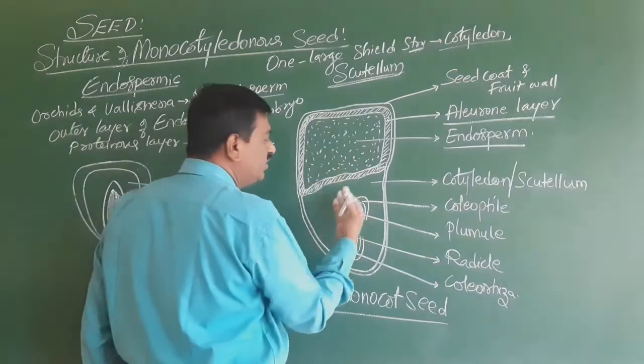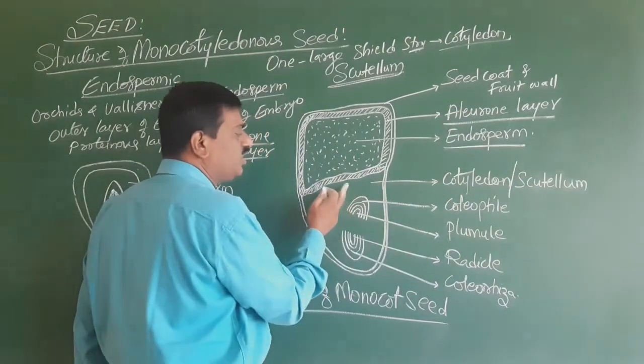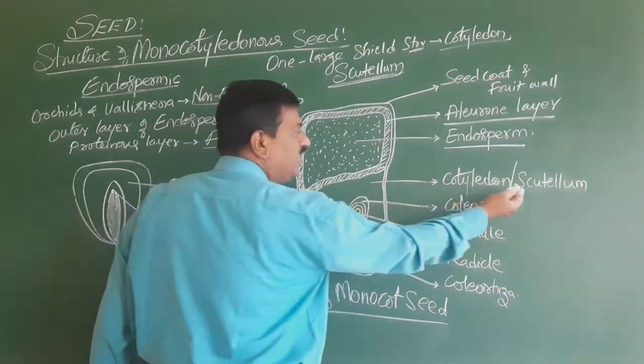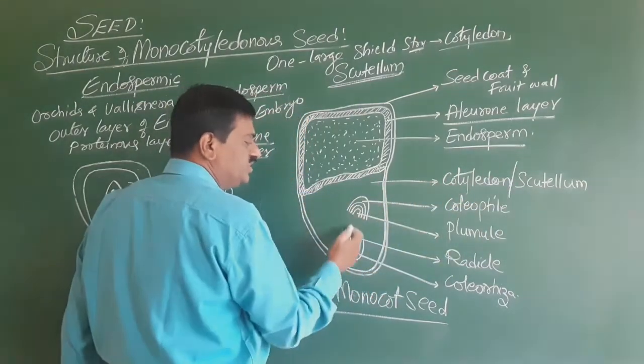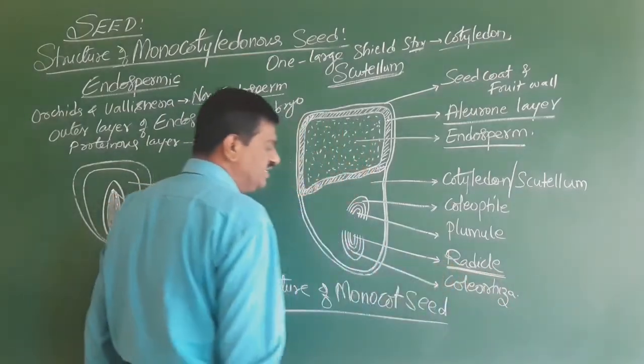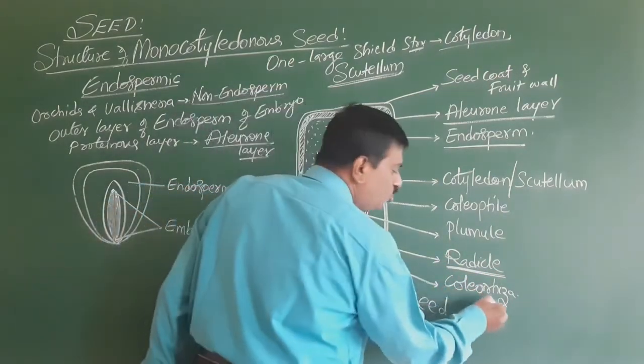Next, coming to the other one, there is the presence of a large shield-shaped structure called cotyledon. It is nothing but scutellum. In this there are two parts. One is called radicle.